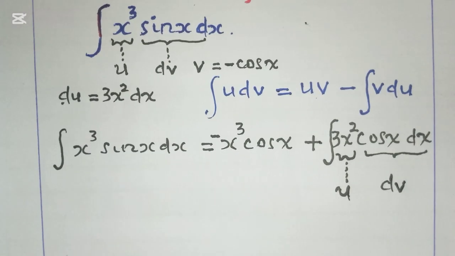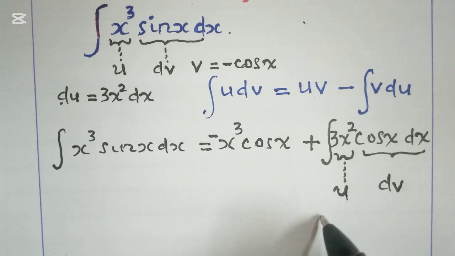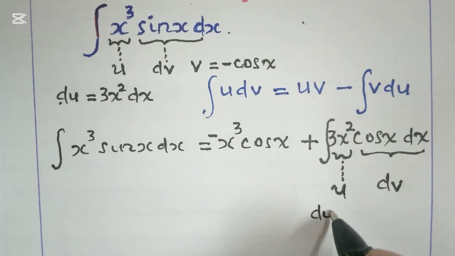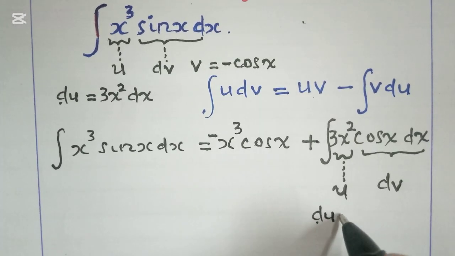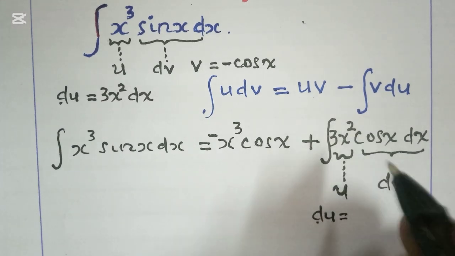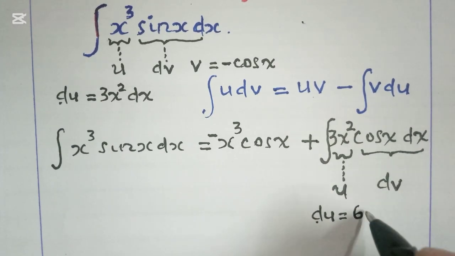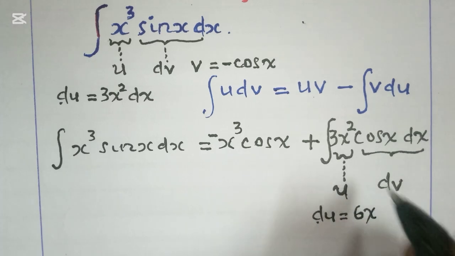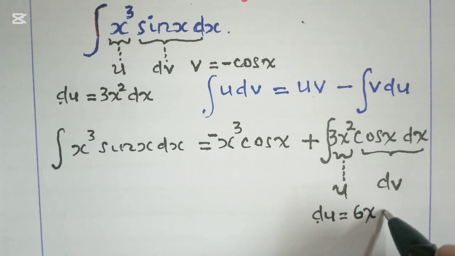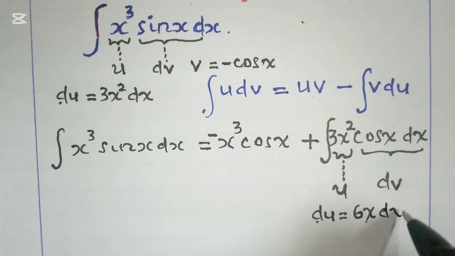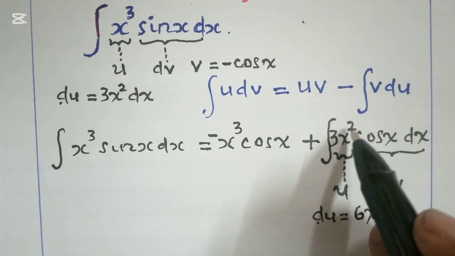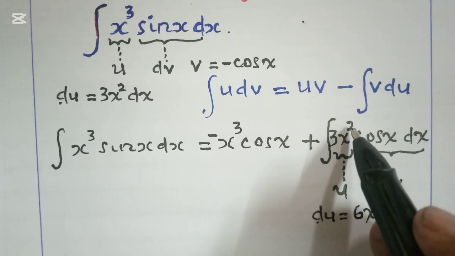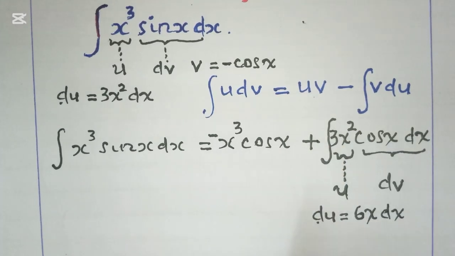So guys, now I can say du over dx, the dx I will put on the other side. This one now is going to give us 6x dx, like that. I hope I have differentiated well, because you bring 2 here, it is 6, then there remains 1.